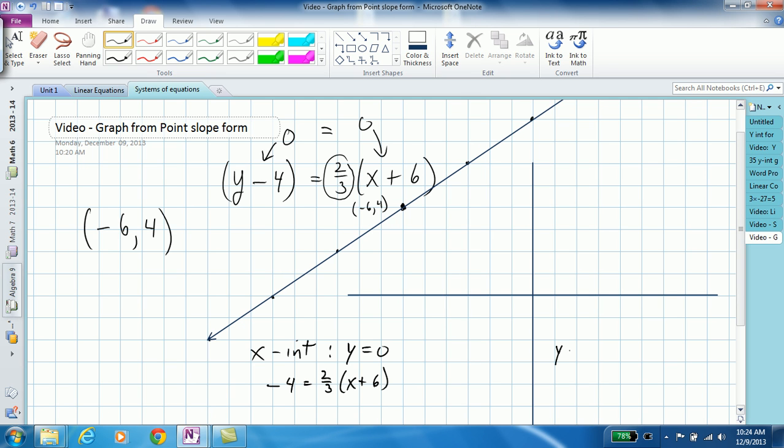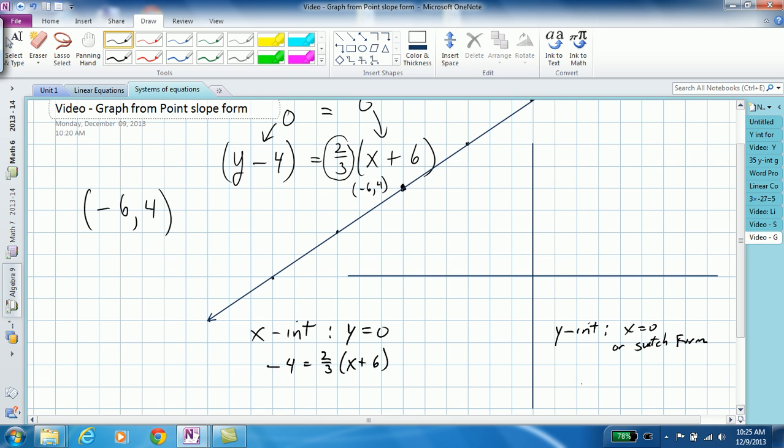In order to find the y-intercept, perhaps the easiest way to go is to just take the equation and put it in y-intercept form. You could make x equals 0 as well. So you have a choice, x equals 0 or switch forms, your decision. I'm just going to switch forms.